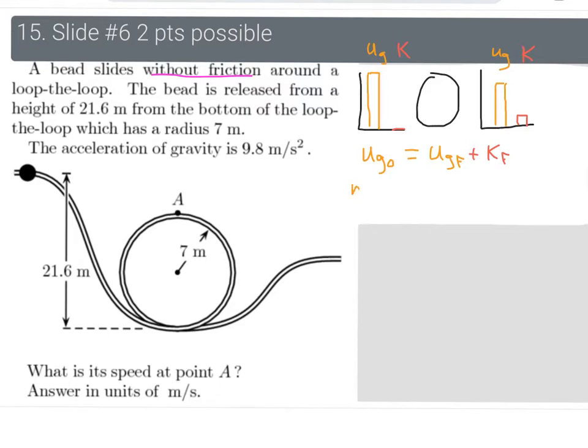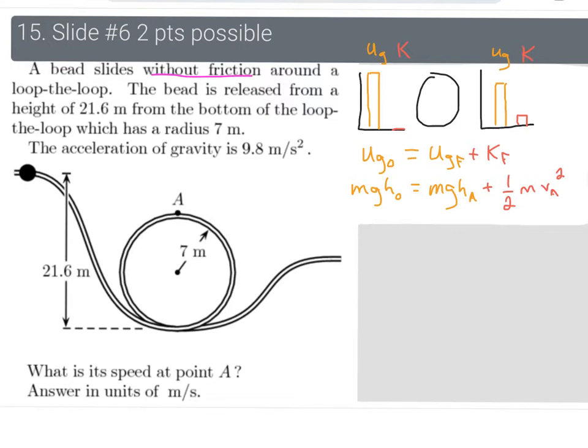So this is going to be mass times gravity times the original height. That's going to be equal to mass times gravity times the height at A plus our kinetic energy, which is 1/2 the mass times the velocity at A, what we're looking for, squared.